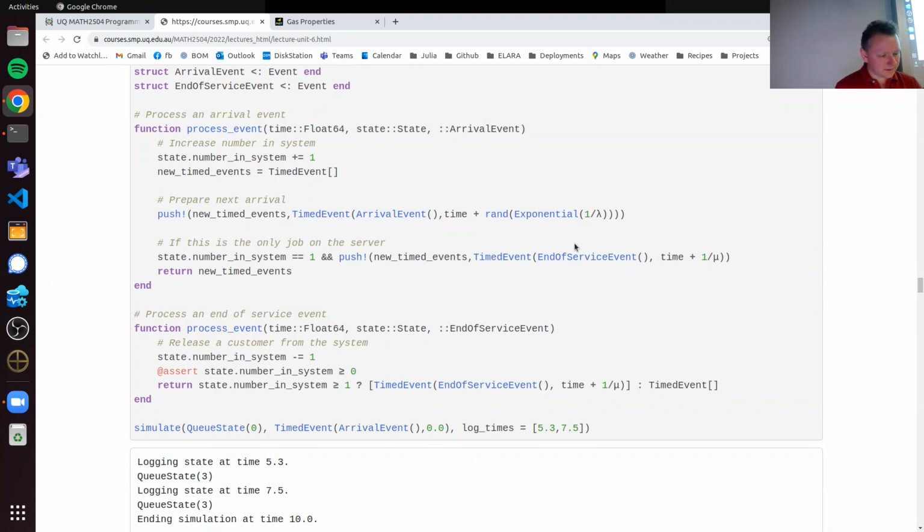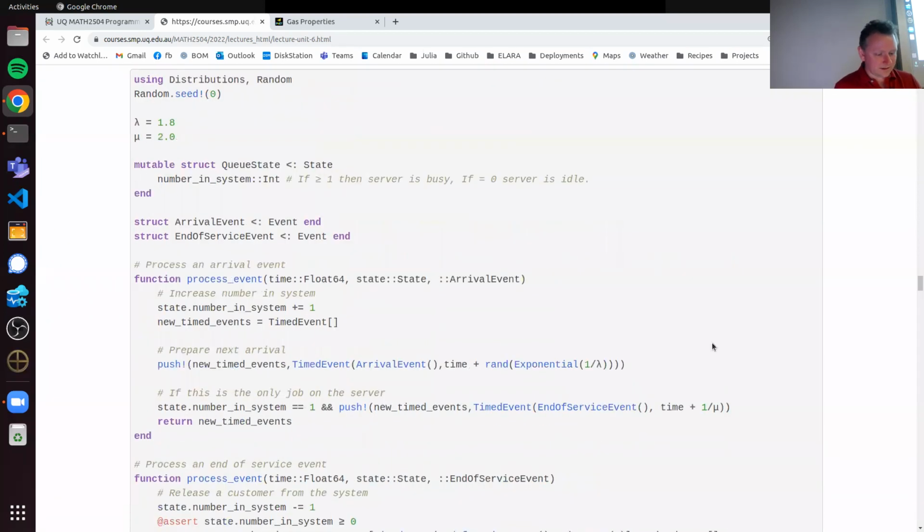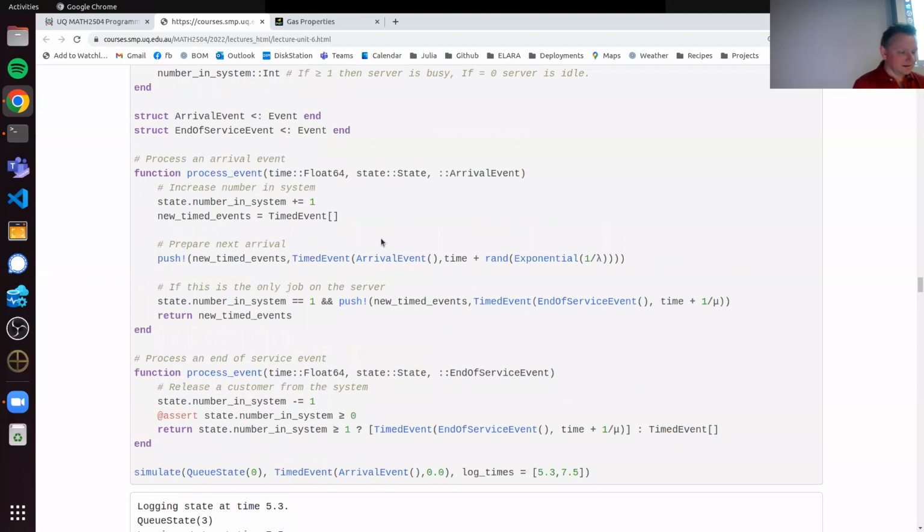That's going to be this deterministic time, since it's an MD1 queue here. For example, like I said before, you might be able to keep things like mu and lambda and the kind of distribution inside these events.